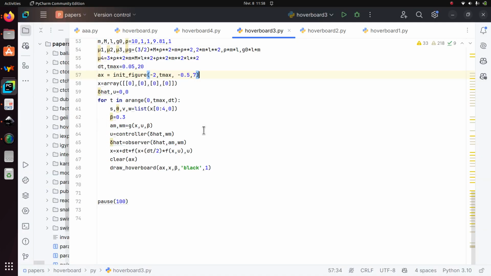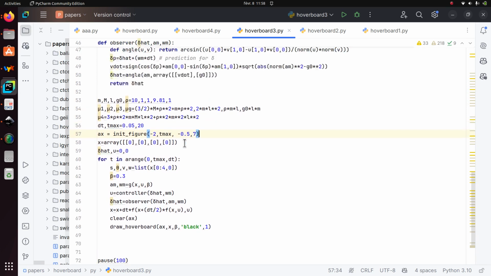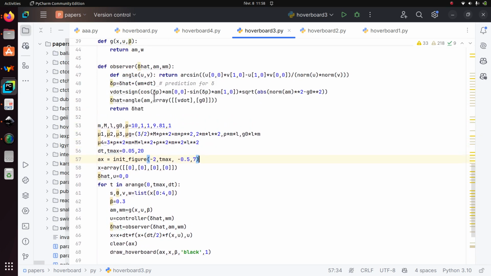I take here my Python program where I compute delta hat with the observer. So the observer has to memorize an approximation of delta in order to perform the prediction. And the input of the observer is only what I measure. So let me show the observer. It is given here. I first have a function to give me the angle between two vectors. I compute the prediction here for delta.